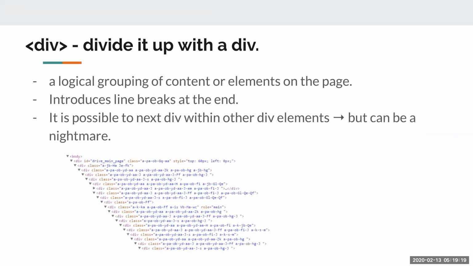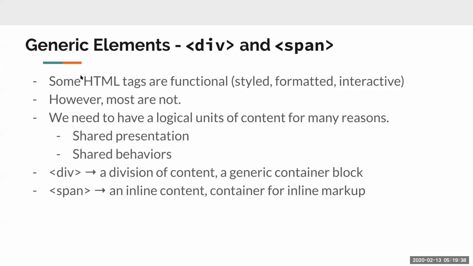The other thing that we learned is the generic element, which does not have any semantic meaning, but is very often used to create a logical grouping of content. Div is one of them, and span is another one.